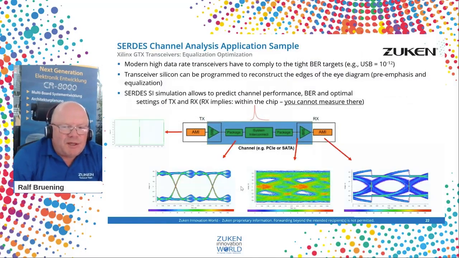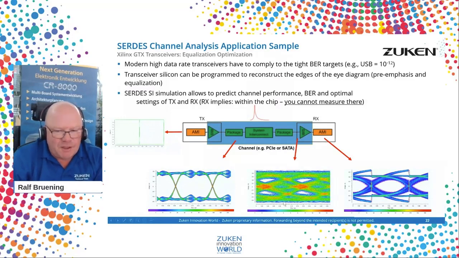The problem we address is what the eye looks like within the chip. The eye diagram in the middle, that's at the ball of a PHY, of an FPGA, of a DSP. That's what you can measure. And then the equalization will open the eye. So that's the eye diagram within the chip at the die.